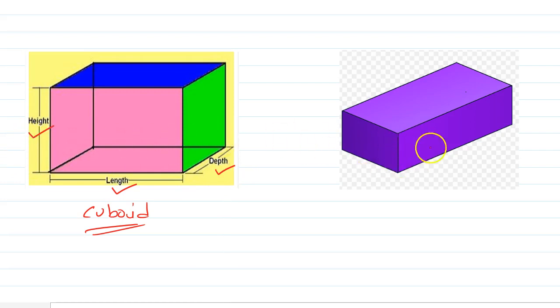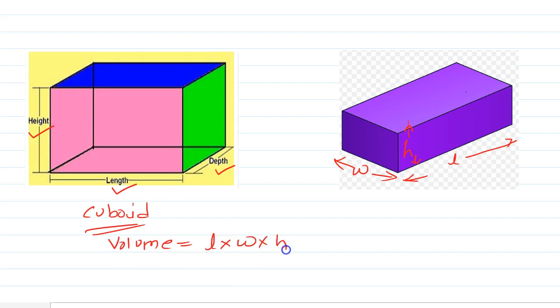Similarly here, this will be the length from here till here, this will be the width, and this is the height h. So the volume of a cuboid is length times width times height.